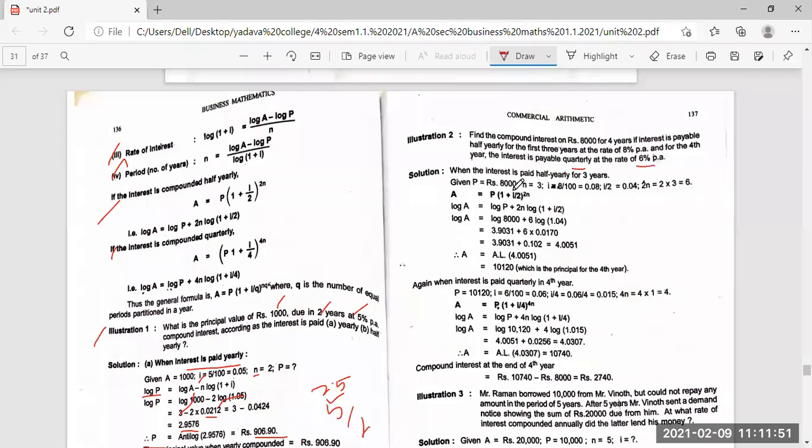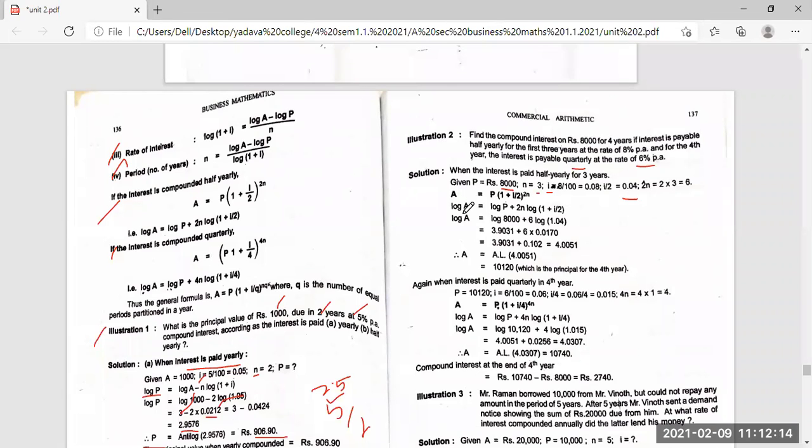P is 8,000. N is 3 years. I is 8%. If it is half yearly, then I divided by 2, and N becomes 2N. So they have done it in this format. First A is equal to P into 1 plus I divided by 2, the whole power of 2N, half yearly.